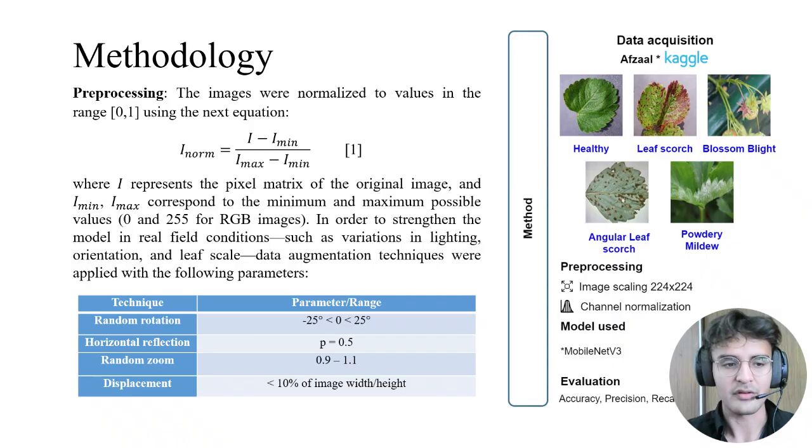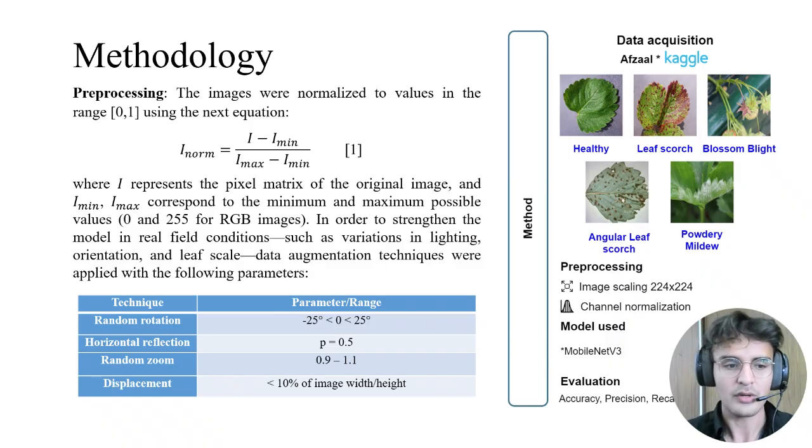The preprocessing of the image. The image was normalized to values in the range of 0 to 1 using the next equation, where I represents the pixel matrix of the original image, and Imin and Imax correspond to the minimum and maximum possible values. This goes from 0 to 255 for RGB images.